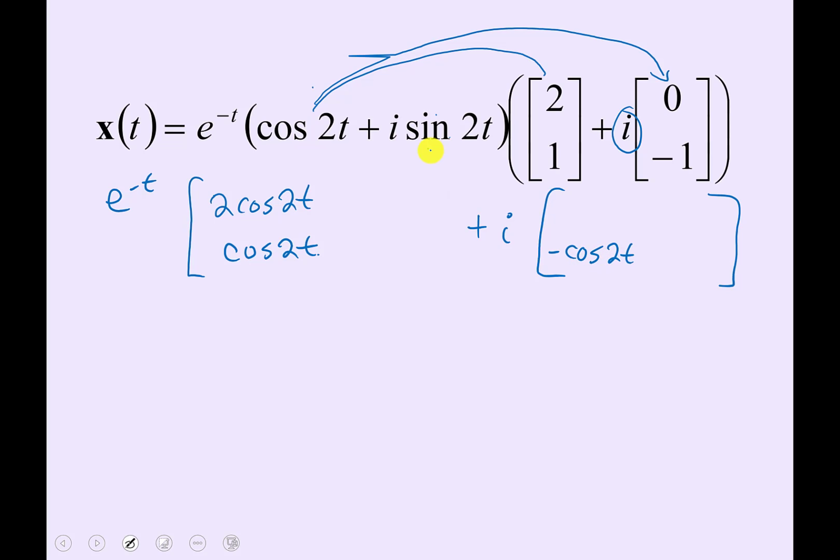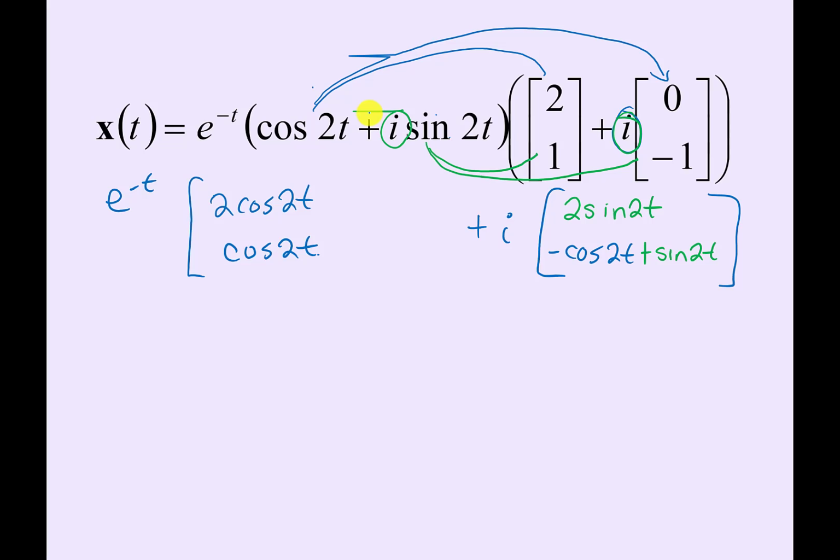So now I'm going to multiply the i sine 2t over here, so it's going to put an i on that. So with the i's, I'm going to have a 2 sine 2t, and also on the bottom I'm going to have plus sine 2t. And now if I do this last one to the last one over here, I'm going to have an i from this one and an i from that one, which is going to make i squared, which is -1.